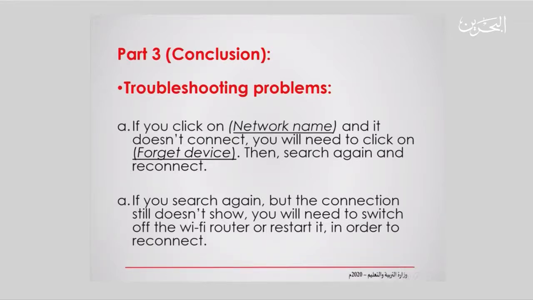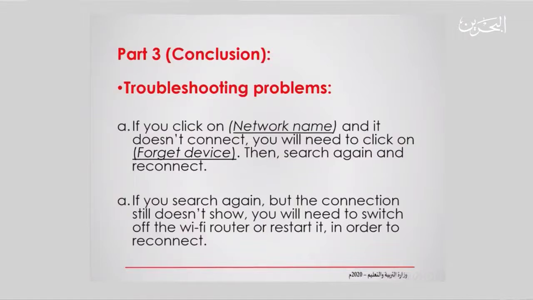Here again, I have to mention the heading, which is troubleshooting problems. There is A and there is B. In this case here, I have to mention 2 problems I'm going through while doing and applying the stages and the steps.